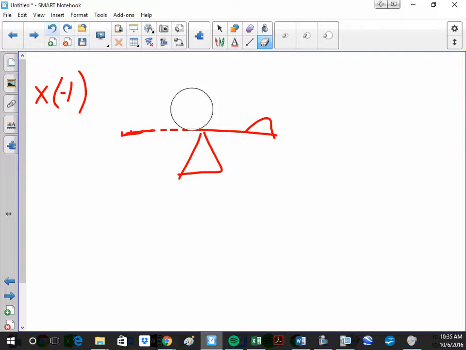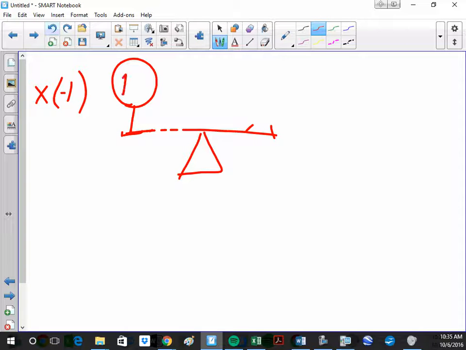So I turn all of my weights into balloons that have an upward force of 1 pound. Is it still balanced? Yes.